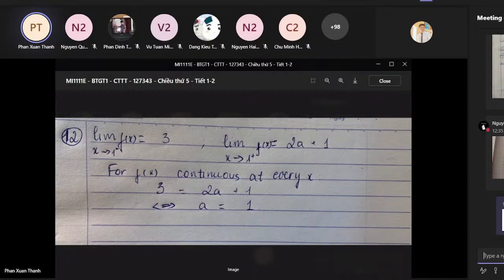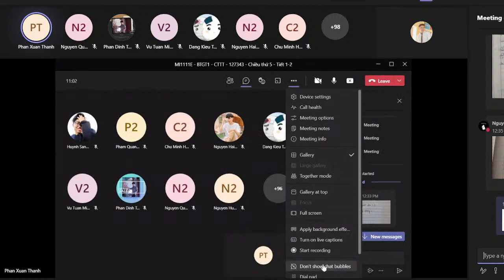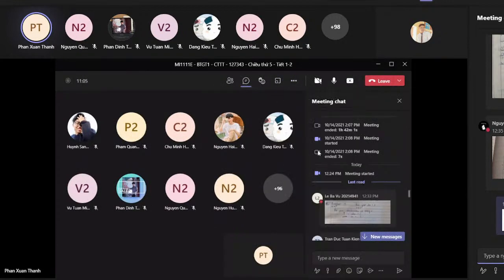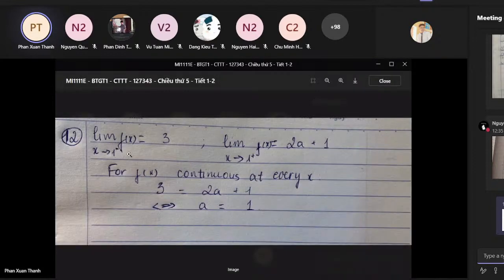Yeah, I think it is not a correct solution for the exercise. So we have the left-hand limit and the right-hand limit for the function f.